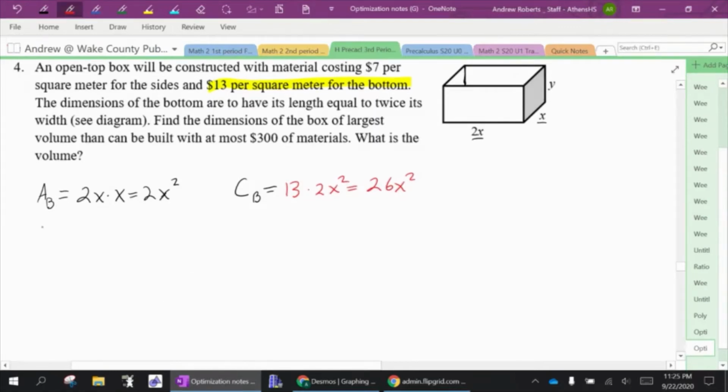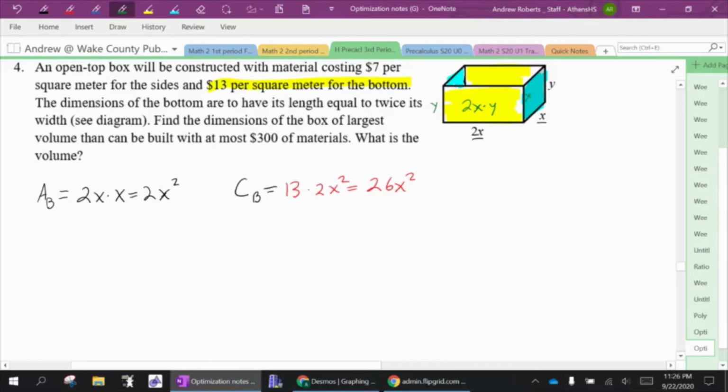Then for the sides, I actually have 4 sides. I'm going to color those in. So this side here is the same as this side on the inside, which you can't really see very well. Those sides are the same. And then this back side is the same as the front side. Those 2 sides are the same. Okay, so once we find the area for 2 of them, we can just double it and find the area for the rest. So the area here is going to be 2x times y, because this is a y height.